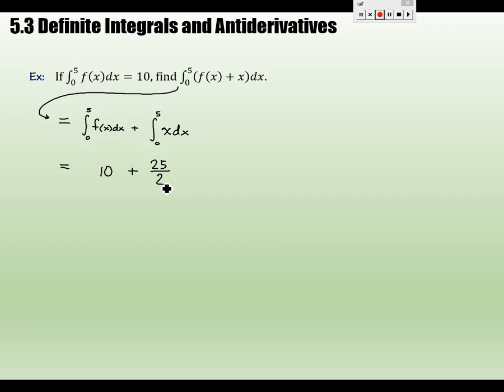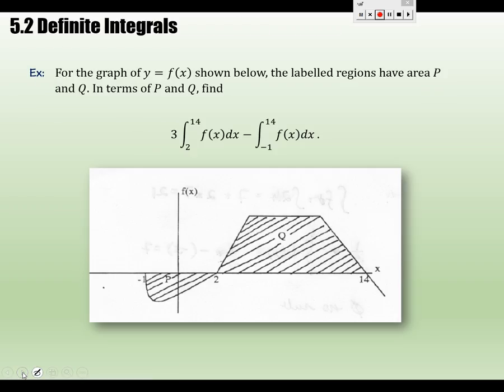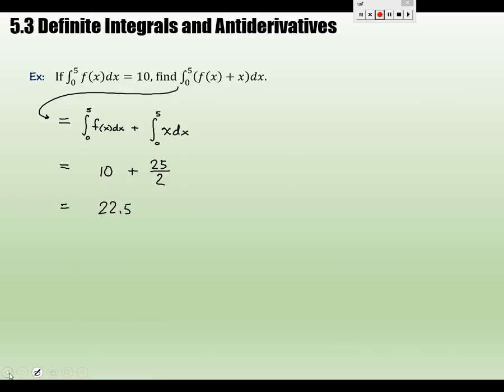Or maybe you want to write it as a decimal. That'd be nice. 22.5. I might do that. All right. Is that your reasoning too? We just added these two things. This is 12.5.